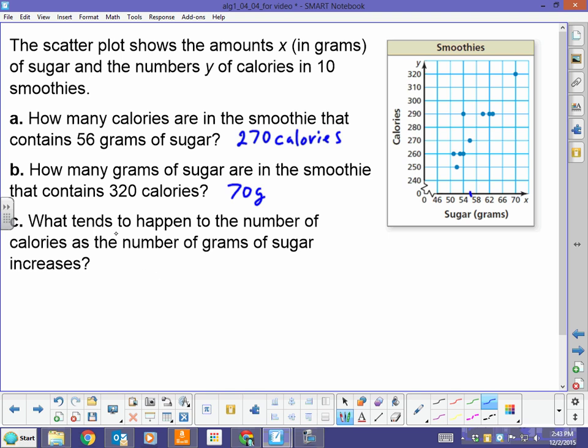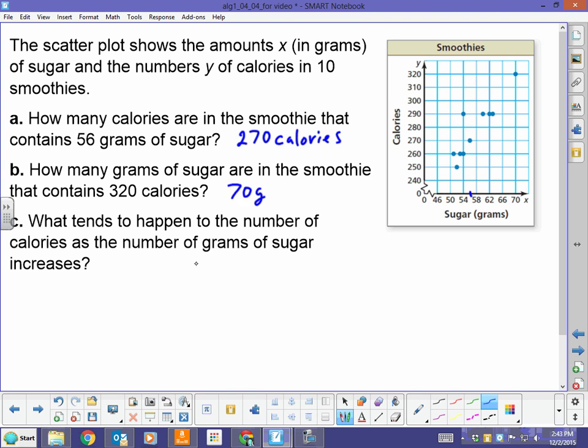Question C, what tends to happen to the number of calories as the number of grams of sugar increases? Okay, so our number of grams of sugar increases this way on the graph. Our calories increase this way. Down here we have little sugar, lower calories. Up here we have medium amounts of sugar, medium calories. And up here we have a lot of sugar and a lot of calories, the most calories.